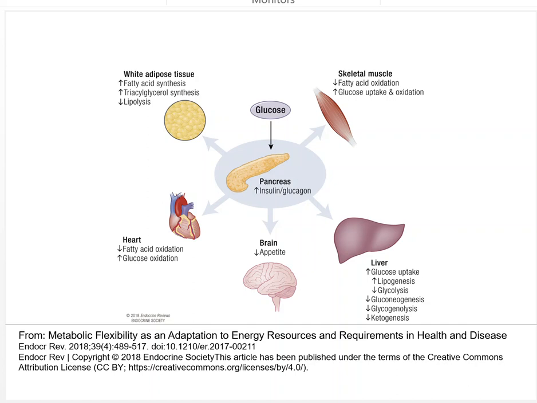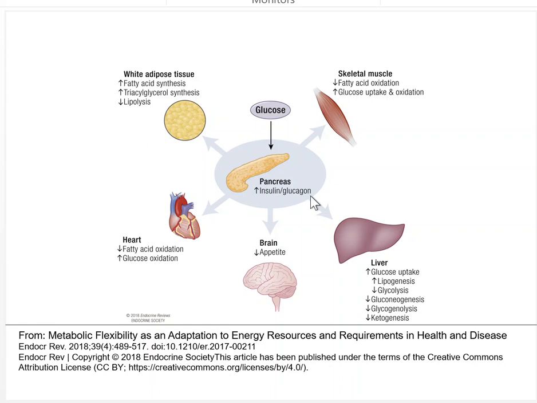Glucose, when it enters into the body, triggers something called insulin, which is secreted from the beta cells in the pancreas. When glucose is in abundance, we have an elevation of something called the insulin-glucagon ratio. Insulin is an anabolic hormone that's present in times of plenty, meaning when we're well fed and we have the ability to store.